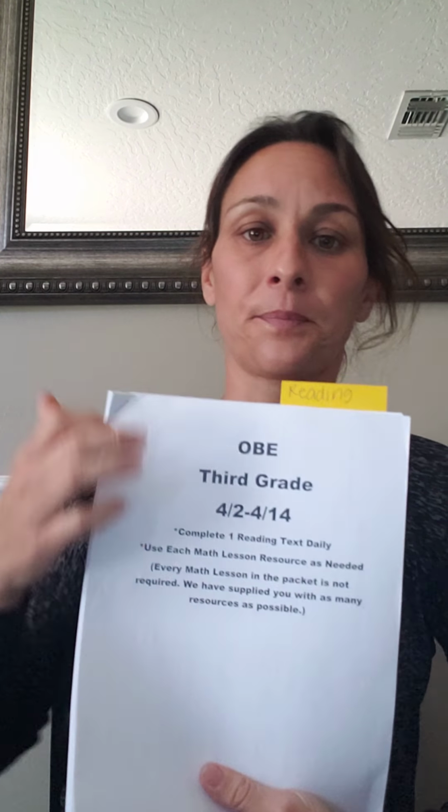Here's your packet. Look, if you want to get exercise, it's real heavy. You can do some workouts with your packet. I'm just kidding. All right, so your packet looks like this. On the front, it says you do not have to do everything.